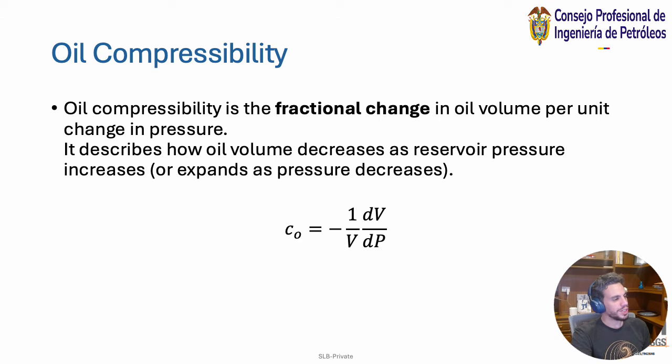So the oil compressibility is the fractional change in oil volume per unit change in pressure. You can see this equation, but basically it's describing how the oil volume decreases as reservoir pressure increases.